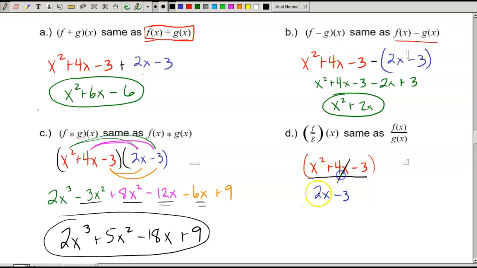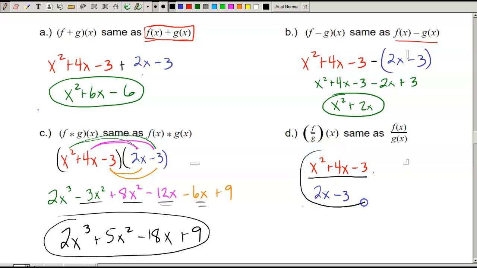You couldn't go in there and cross out these x's or something weird like that, because those x's are part of a larger polynomial, and so you can't just pick and choose those different terms and cancel those off unless they're standing alone by themselves. So actually D, you just leave it like that. You have x squared plus 4x minus 3, and then divided by g of x.